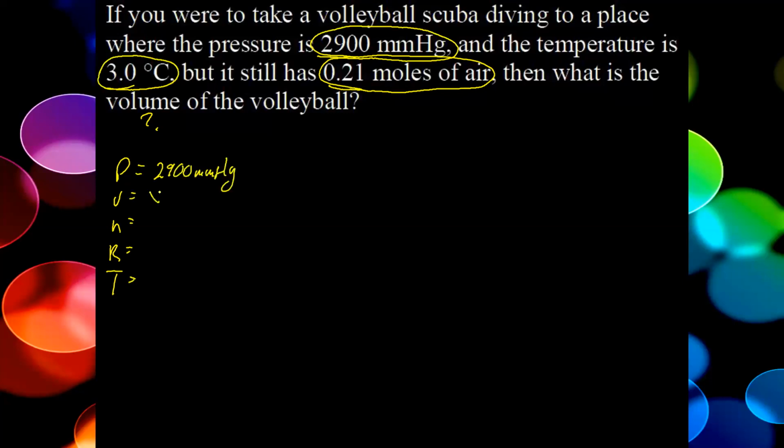I'm looking for the volume. I was told 0.21 moles. We'll come back to R in just a moment, and the temperature is 3 degrees Celsius. Let's not leave it in Celsius. We're going to add 273, which makes 276.